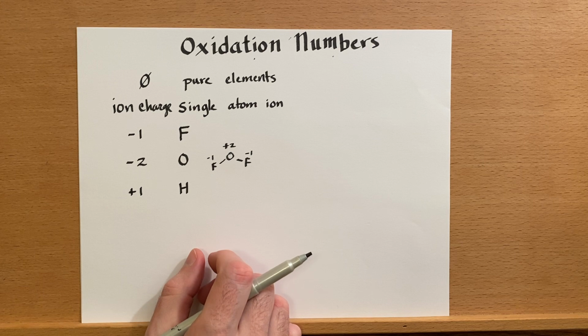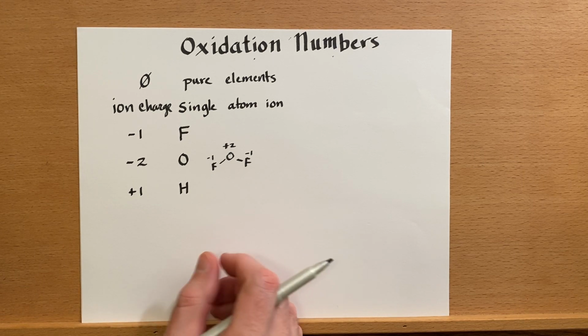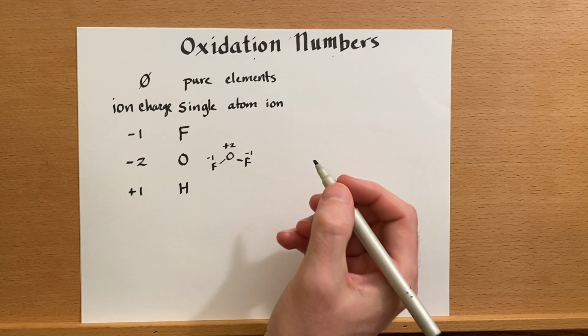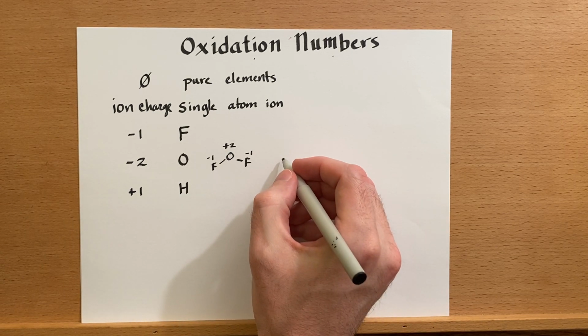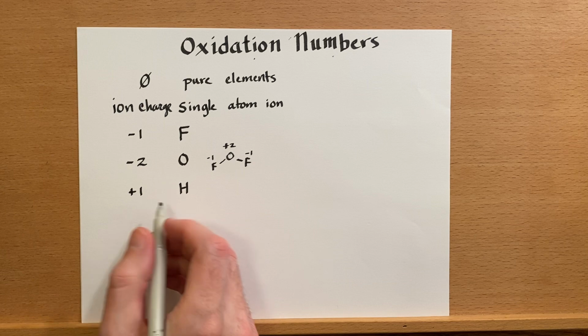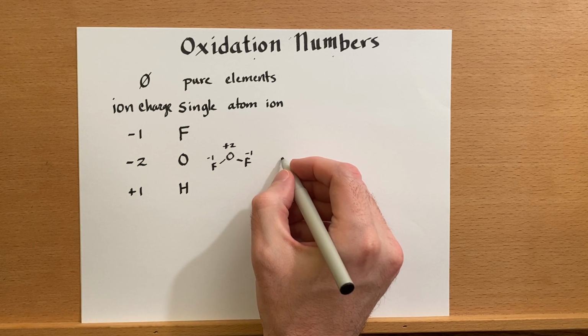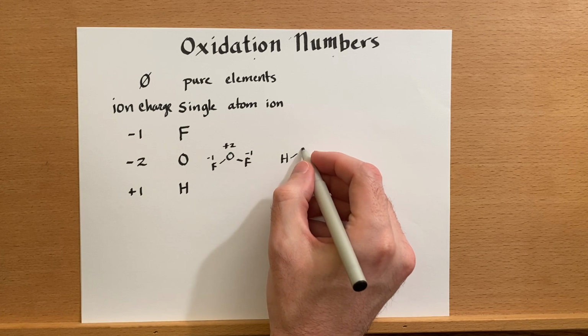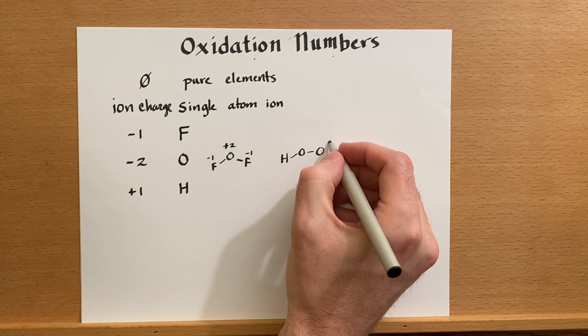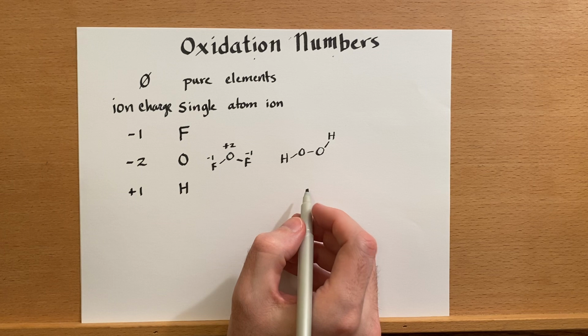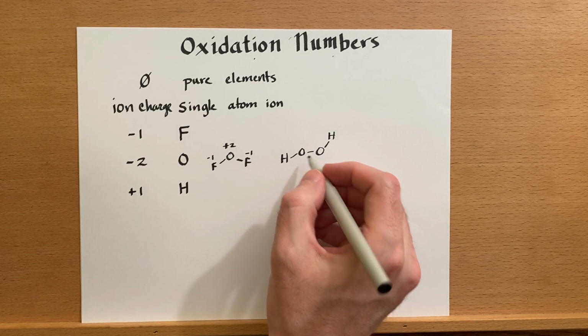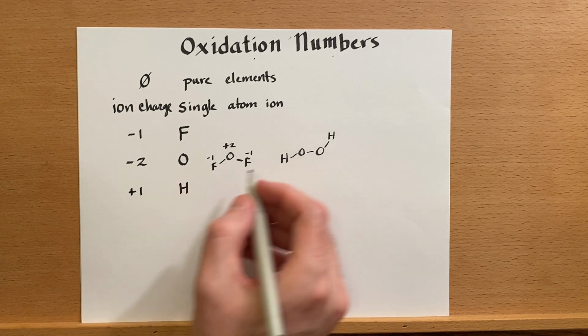Another time when oxygen will deviate from this -2 is when it's in a peroxide compound. So let's take hydrogen peroxide. We'll have to use our next rule right here, which is hydrogen is +1, to determine this one. So in hydrogen peroxide, hydrogen is +1.